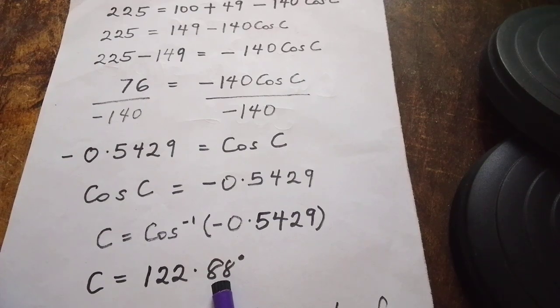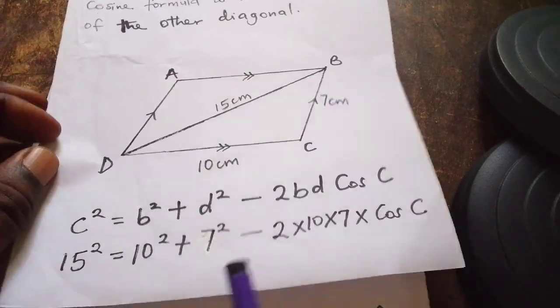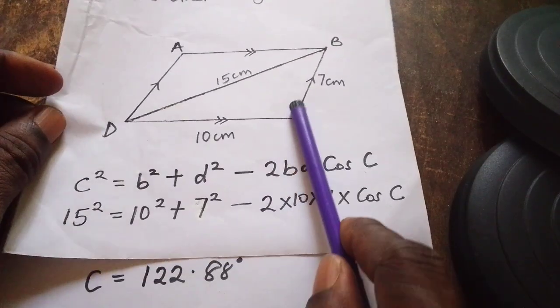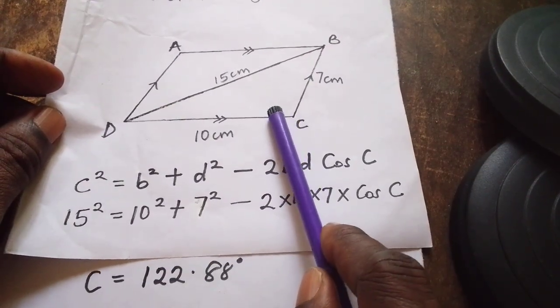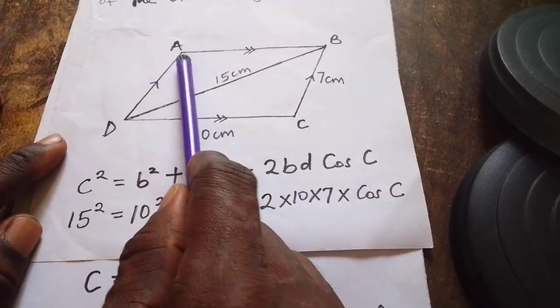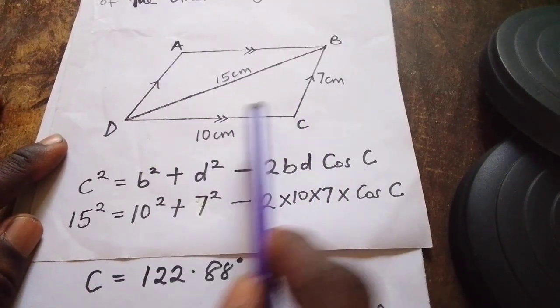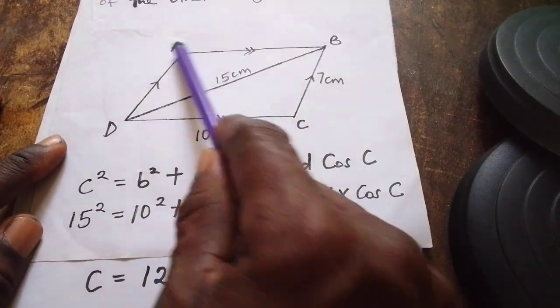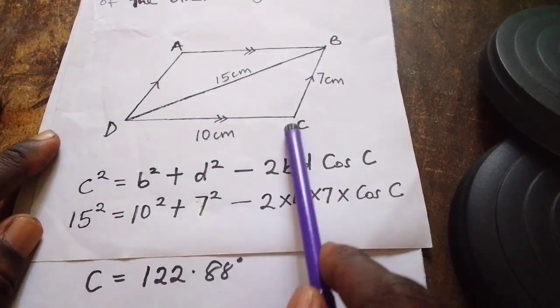122.88. So it means that this angle here is 122.88. And since this is a parallelogram, opposite angles of a parallelogram are equal. So angle DAB should be equal to angle DCB.